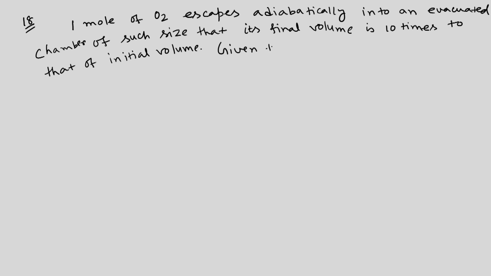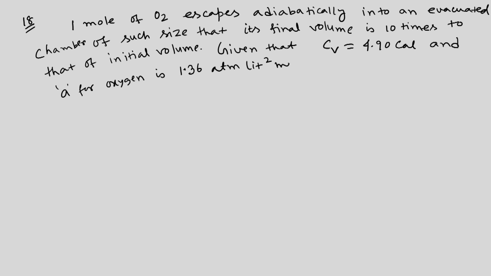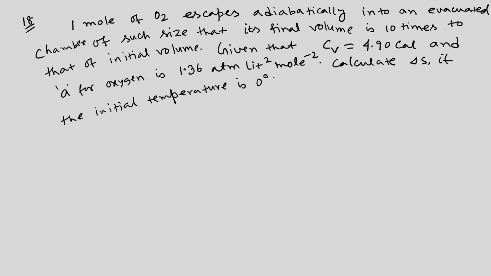Given that Cv equals 4.90 calorie and A for oxygen is 1.36 atmosphere liter squared per mole squared, calculate delta S if the initial temperature is 0 degree Celsius.